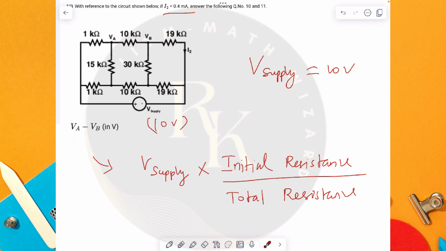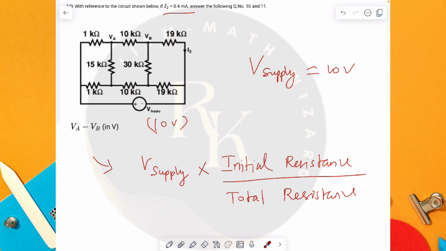Since they have said VA minus VB, between this, what is the initial resistance? That is 10 kilo ohm. And the total resistance is nothing but the final resistance of the topmost resistors alone. So that is 19 kilo ohm and 10 kilo ohm and 1 kilo ohm. Since they are in series, added together, we get 30.